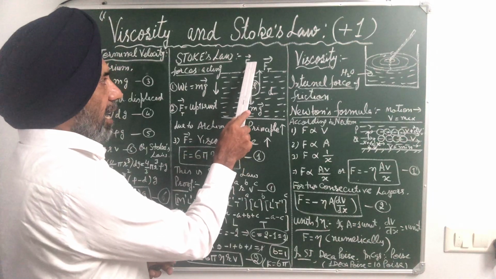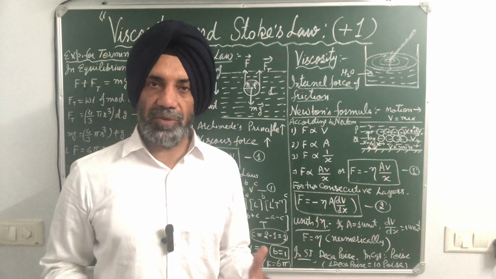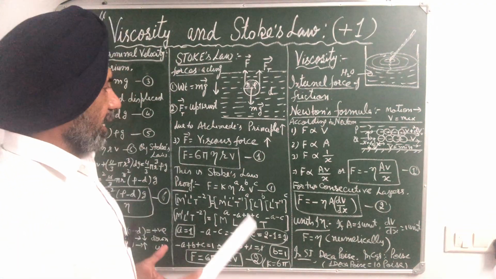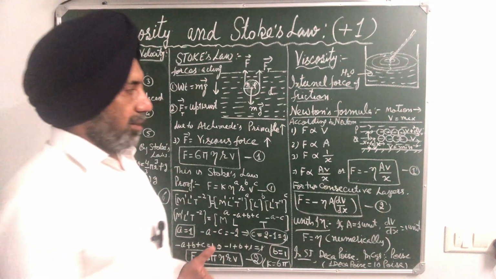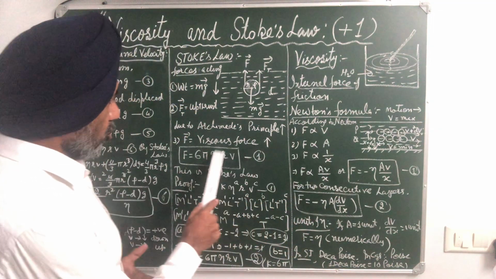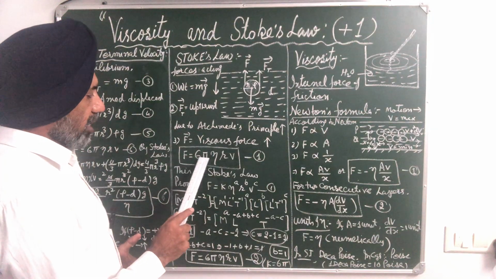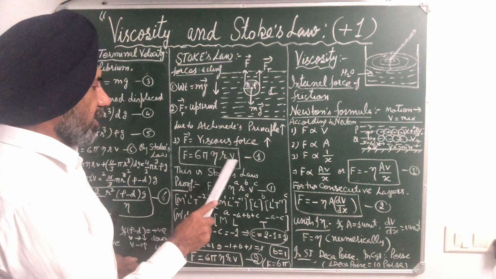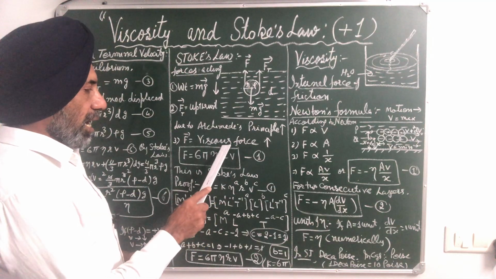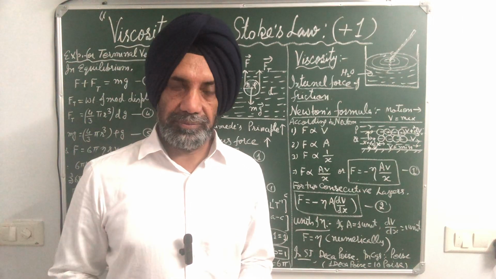Third is F vector, force due to viscosity, that is viscous force or viscous drag, and by Stokes' law, this viscous drag is given by F is equal to 6 pi eta r v, where eta is the coefficient of viscosity, r is the radius of the body, v is known as terminal velocity.